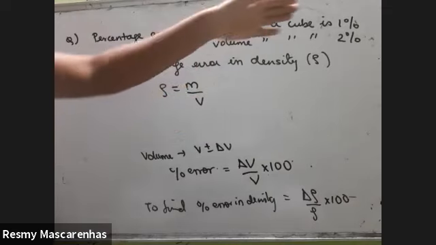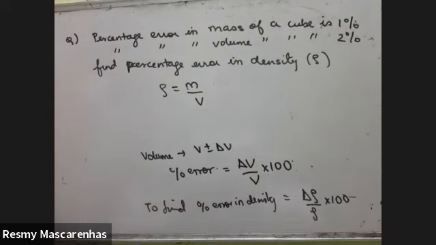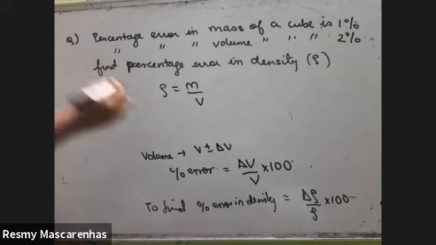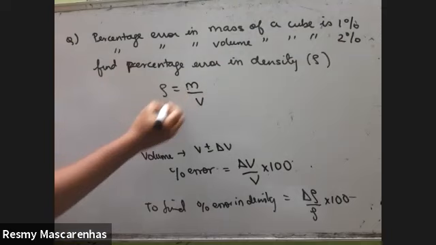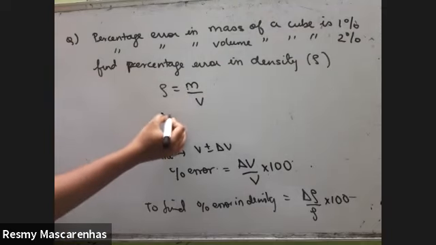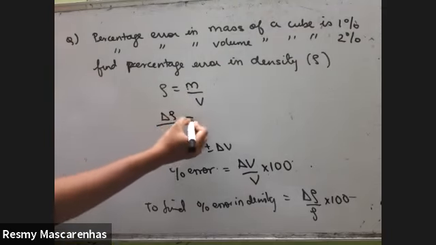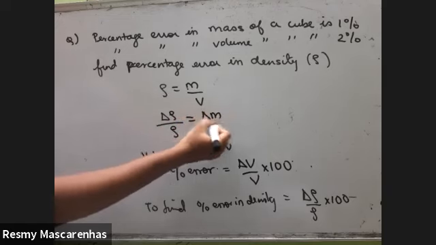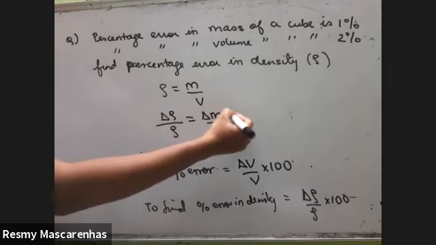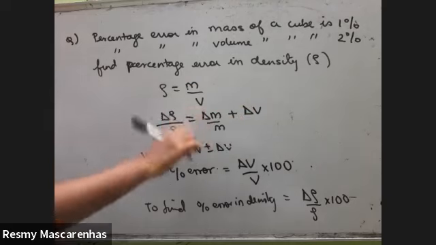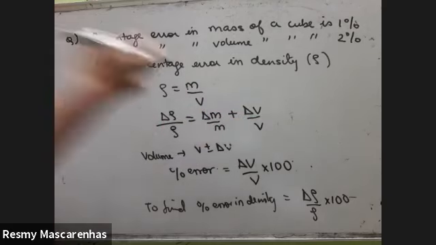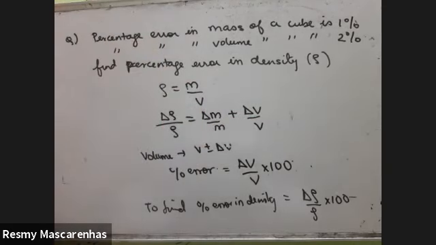We directly know their errors only. Whenever it is given in error form, directly go for the second step, means the splitting step. So delta rho upon rho will be delta M upon M, division means it will be plus delta V upon V. So directly I'm jumping to the second step because the first step, no data has been given.